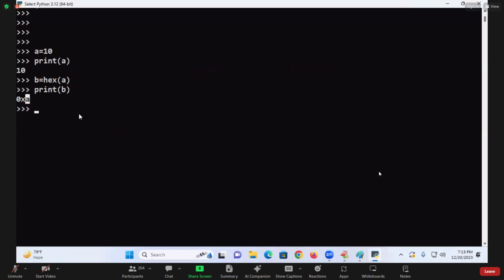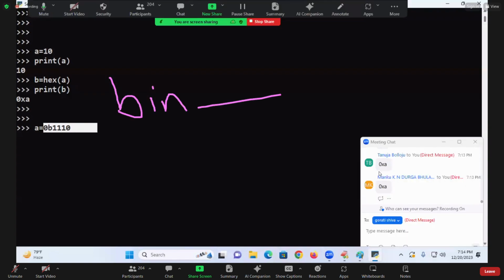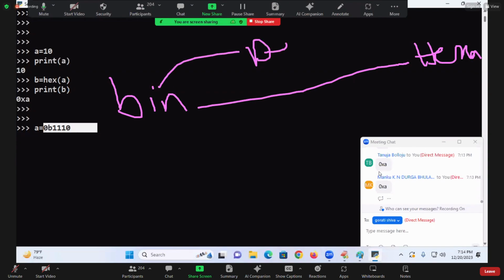Okay. So coming to this place, next I am going to enter binary. A is equal to 0B1110. What is this binary? Binary to hexa. If you feel difficulty, go to decimal first.